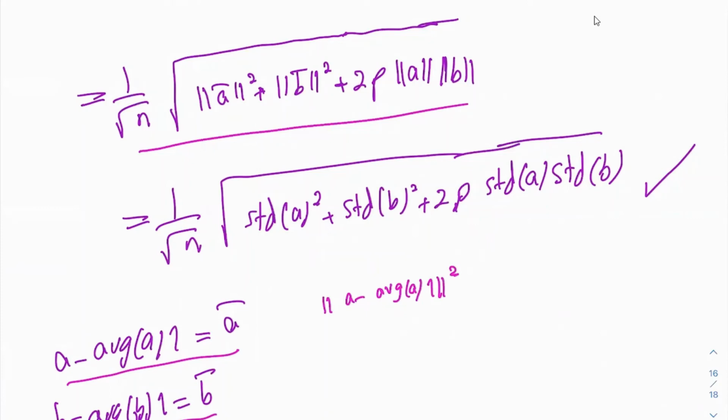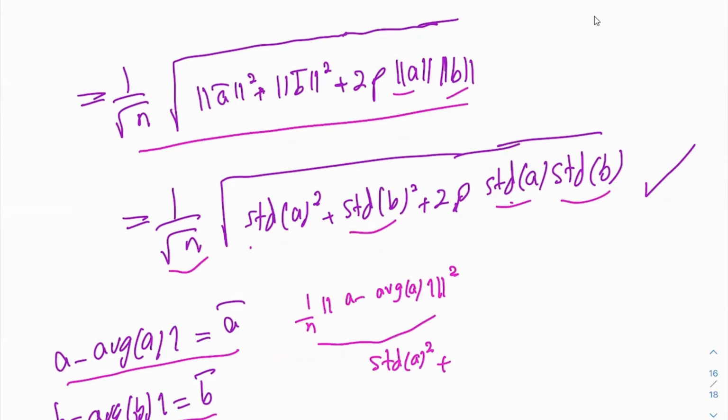What you can do is bring this 1 over n inside, and you will see that this becomes the standard deviation of A squared, plus the standard deviation of B squared, plus this A and B term, which you write as 2 rho times the standard deviation of A times the standard deviation of B.